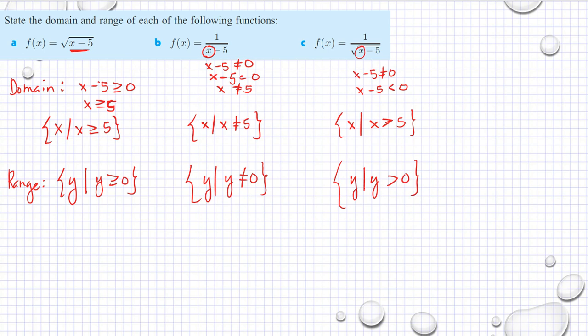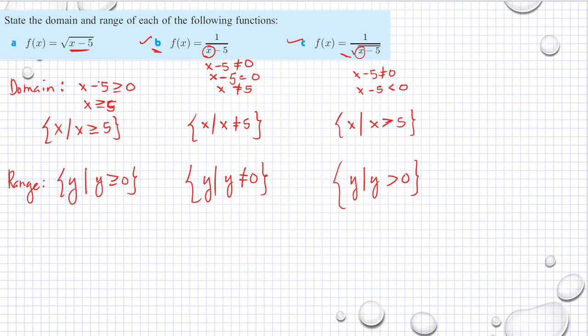The difference between these two and these two is that I can have negative numbers in B. I can have negative values of x in B, but I cannot have negative values of x in C. That's the difference. Okay, I hope you understand.